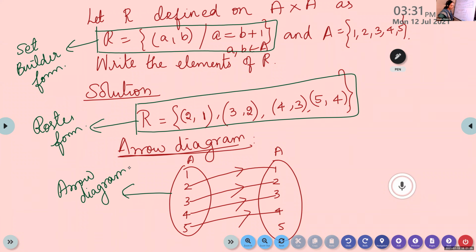Did you copy this, children? Once you copy this, tell me. We can start writing the next one. We have to write the notes.